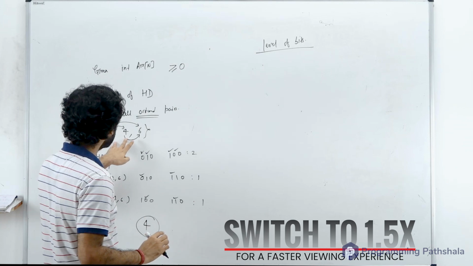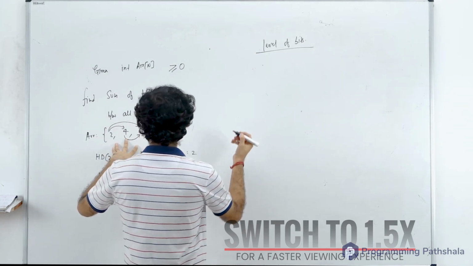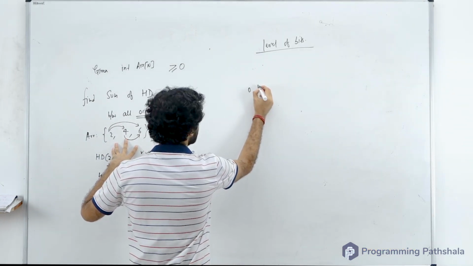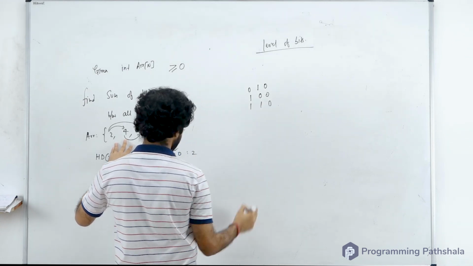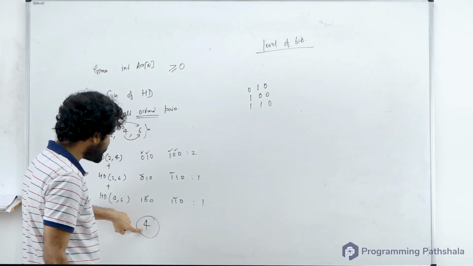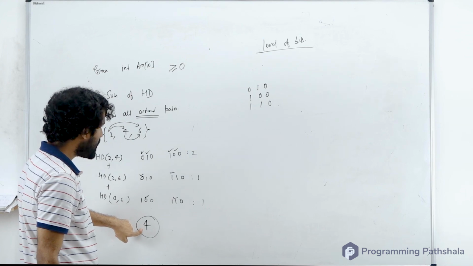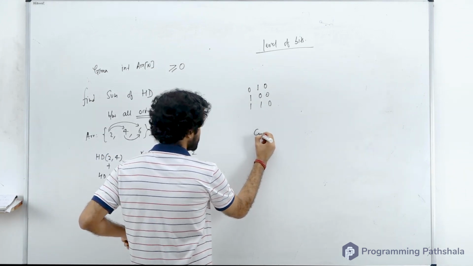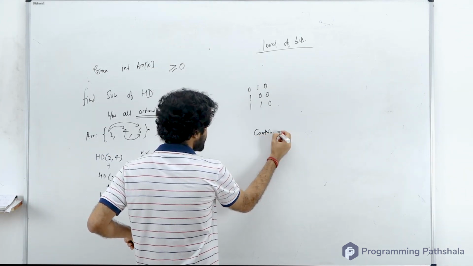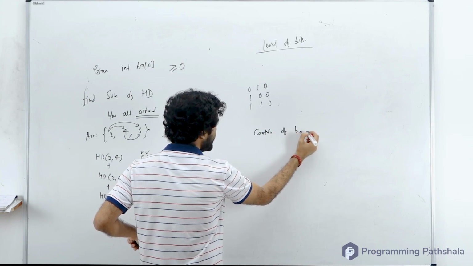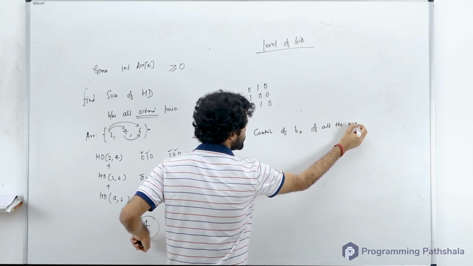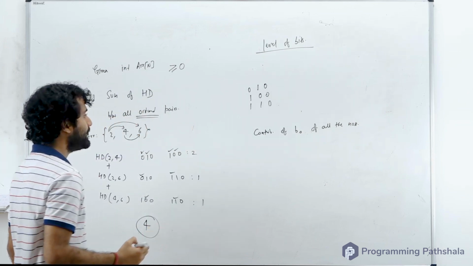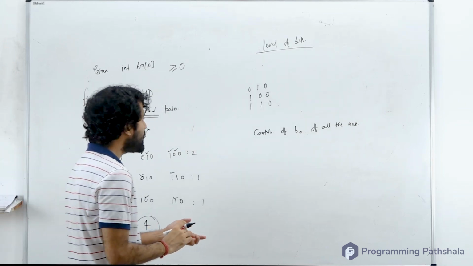So there are three numbers. All in all, there are three numbers. So I have a 2, I have a 4, and I have a 6. So in this answer that you have got, 4, how much is the contribution of bit 0 of all the numbers? Just read through this line, and this is very important.